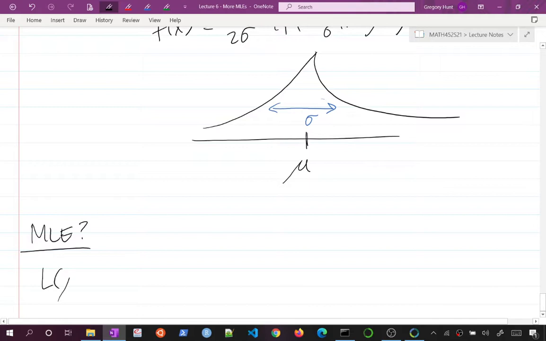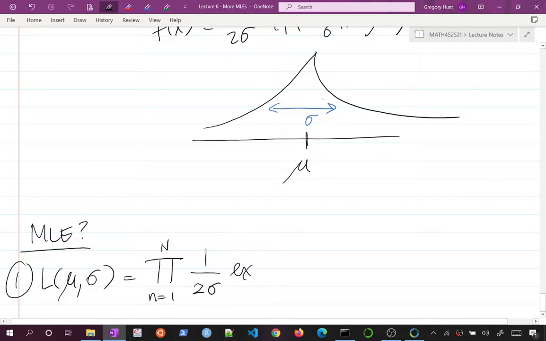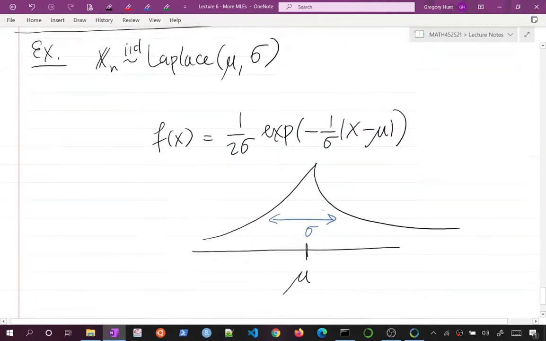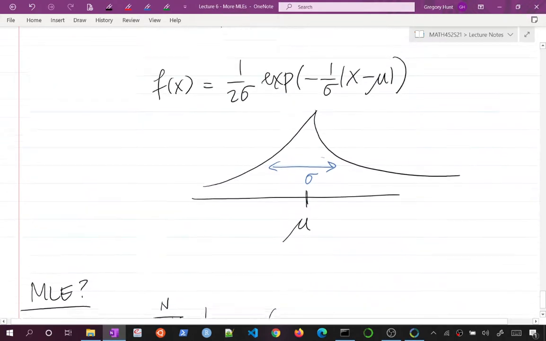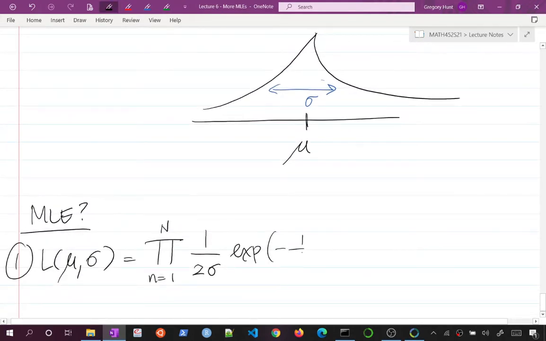So step 1, finding our MLE, is we write the likelihood function as a function of two parameters, mu and sigma, and the likelihood is a product of the marginals. Each of our data points has this Laplace distribution, so 1 over 2 sigma, exponential of negative 1 over sigma, absolute value of x_n minus mu.